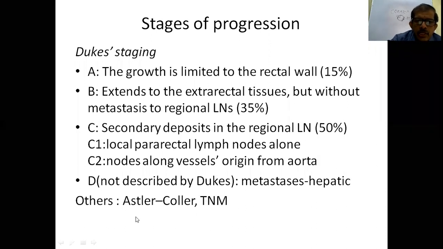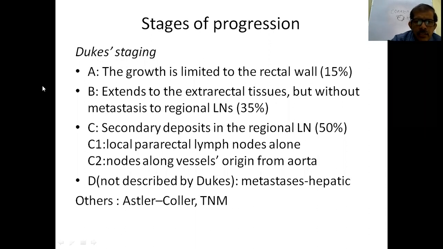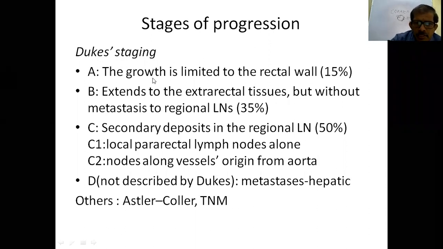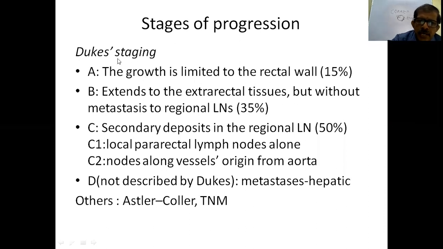Then you have the staging. Though there are others like Astler-Coller and TNM, we still follow Dukes also. It is easy to remember. If it is limited to the rectal wall, it is Dukes A stage. That means even T3 is Dukes A only.